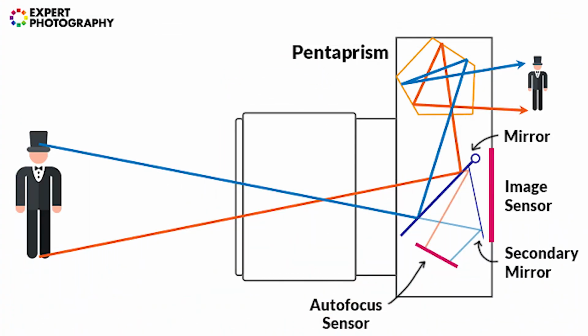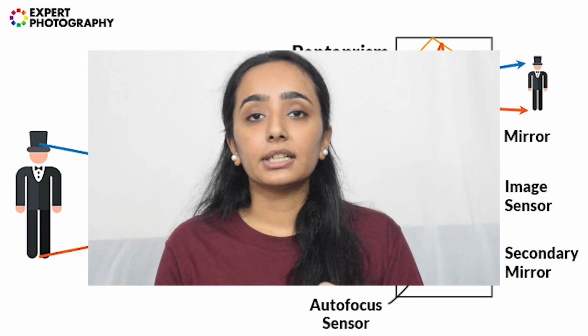When we click something or look through the viewfinder, the light reflects to the prism, and the prism reflects it back to the viewfinder, through which we can see what composition needs to be done, or what adjustments need to be made, like setting the aperture, the shutter speed, or the ISO so that there's not too much noise. So this is how a basic DSLR works.